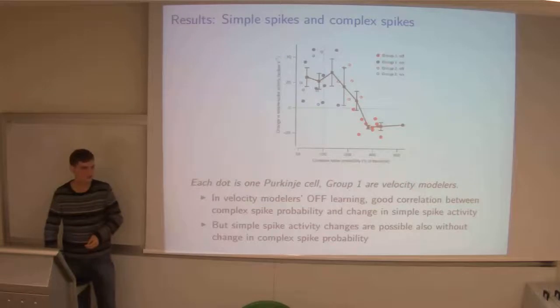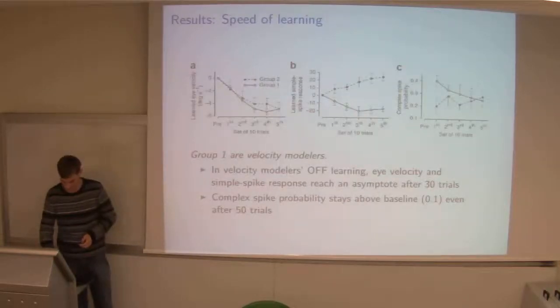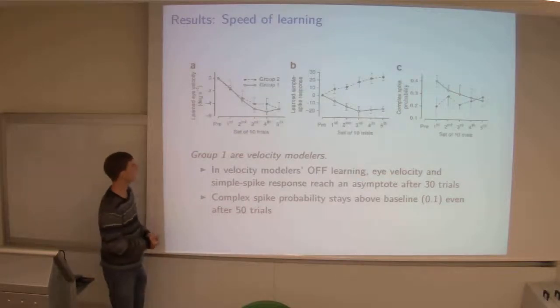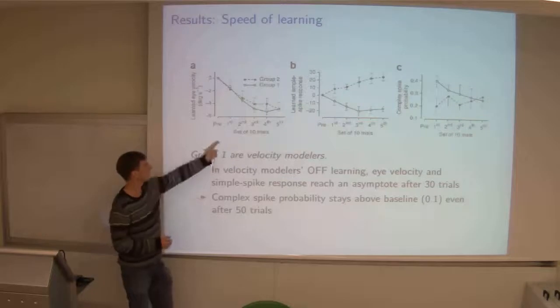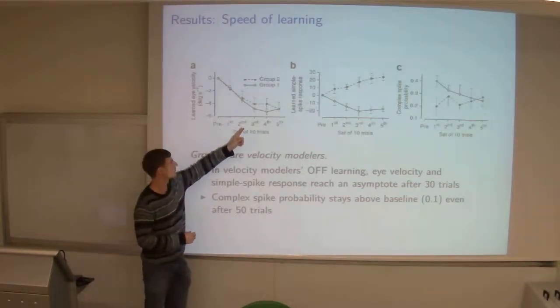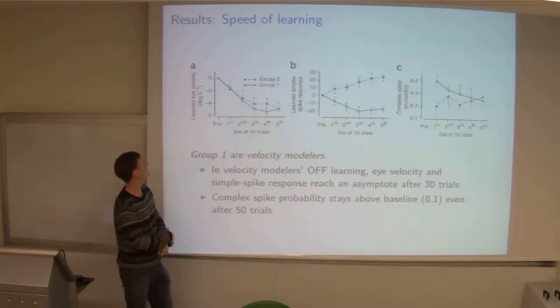Any questions? No? Okay. So one more thing they look at is the speed of learning. It's not very interesting. So here you see sets of 10 trials. So these are the first 10, 10 to 20, 20 to 30, and so on.